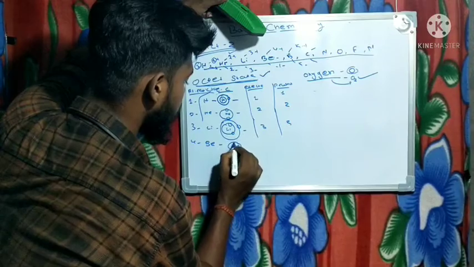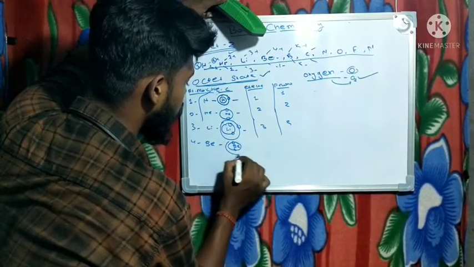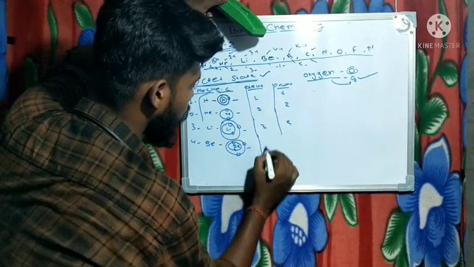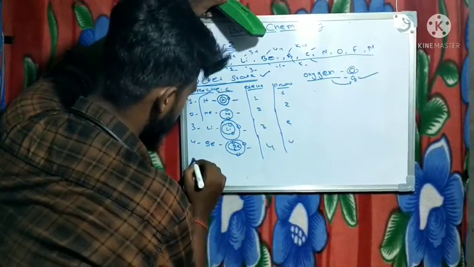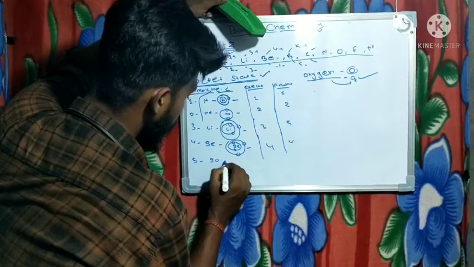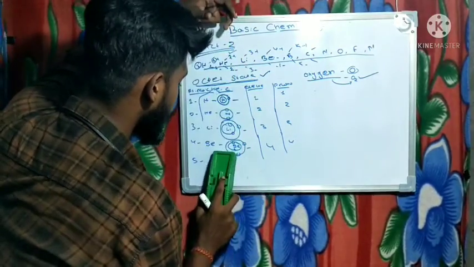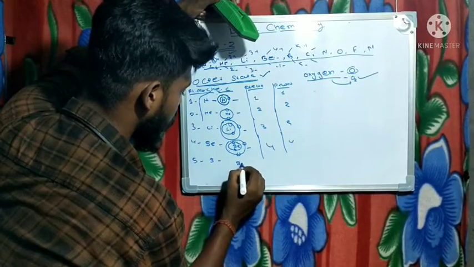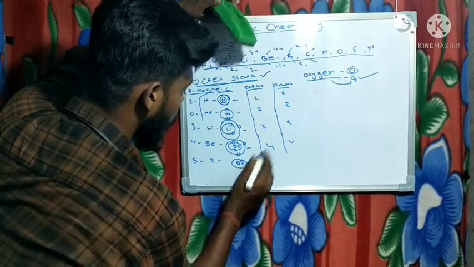Then beryllium. Beryllium is Be. The first cell contains 2. As the first cell is completed, then go to the next cell. This is 4, this is 4. Boron. B. Boron has atomic number 5. It also contains 5 electrons.